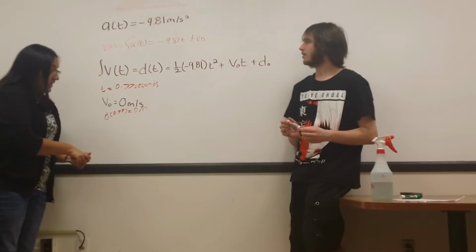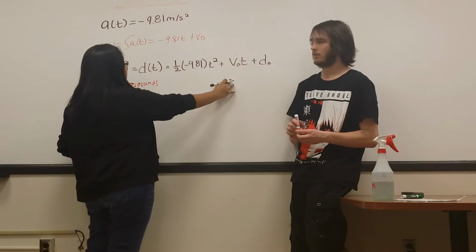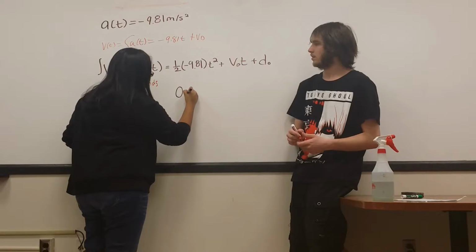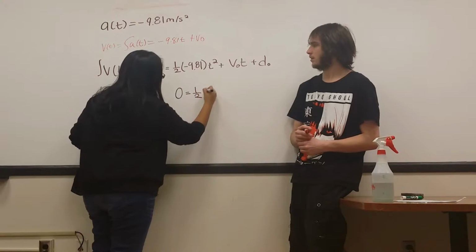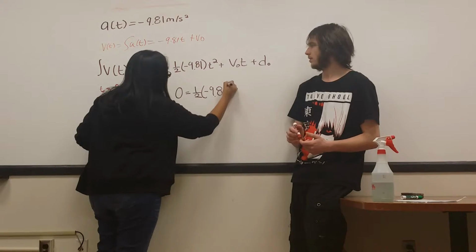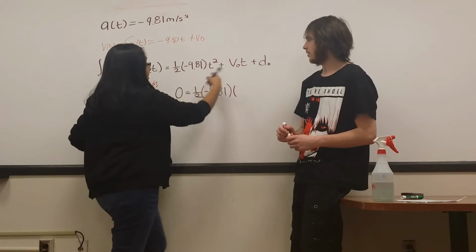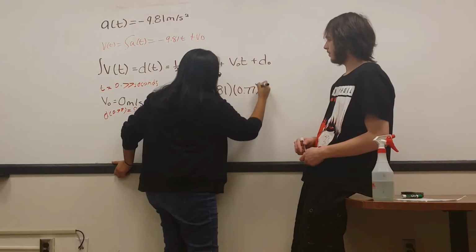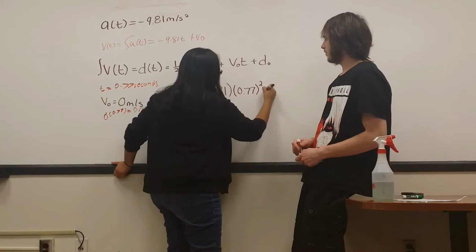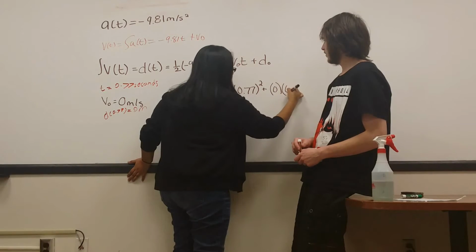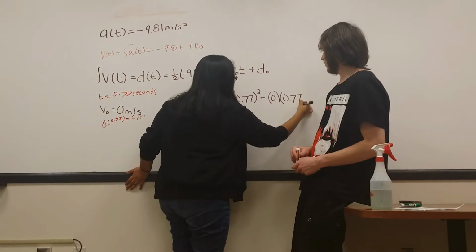So we just plug in all our values into this equation. So it'd be 0 equals 1/2 times negative 9.81 times 0.77 squared plus 0 times 0.77.